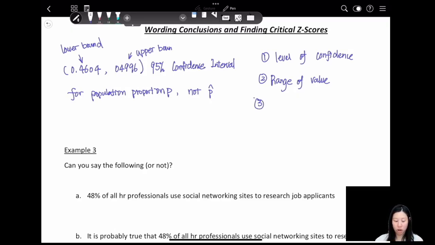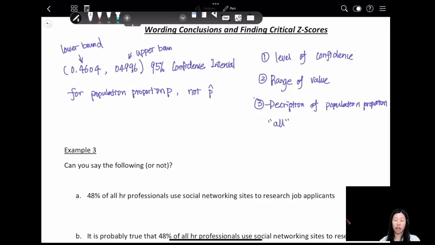And the third part is you need to describe that this is related to a population proportion. We're trying to catch the fish, not the estimate of the fish. That means it relates to all of the data, or all of the population.